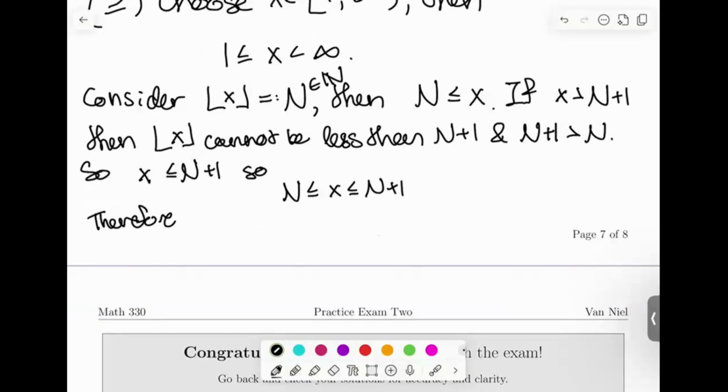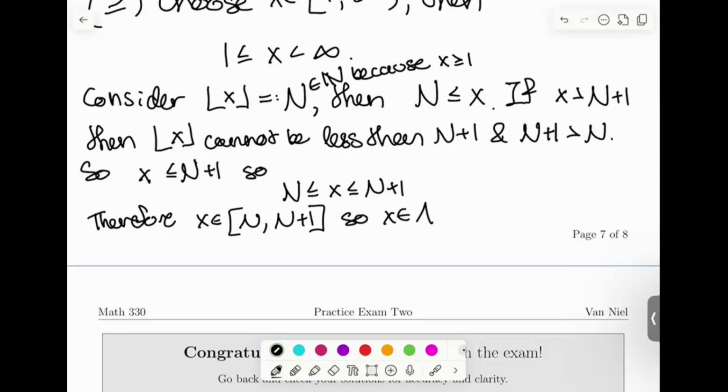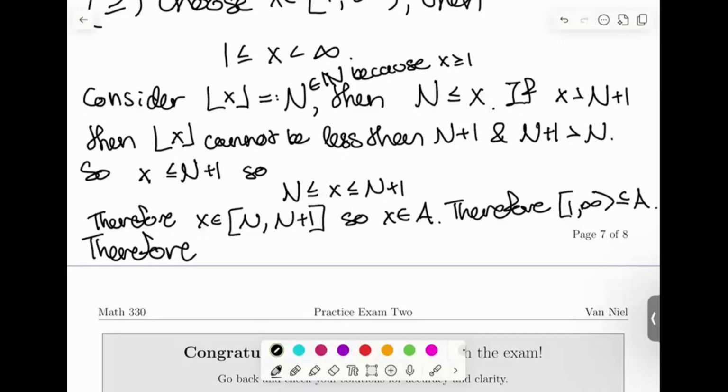Sorry, and this has to be in the naturals because x is greater than or equal to 1. Therefore, x is in the interval from N to N plus 1. So x is in A. Therefore, and now I've used therefore like 4 times in a row, A equals 1 to infinity.